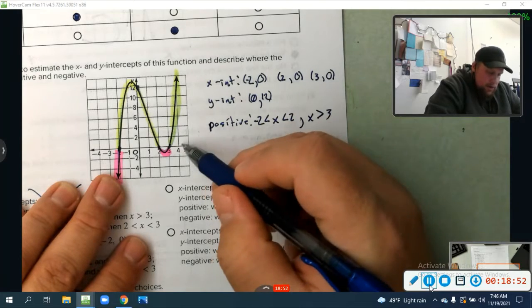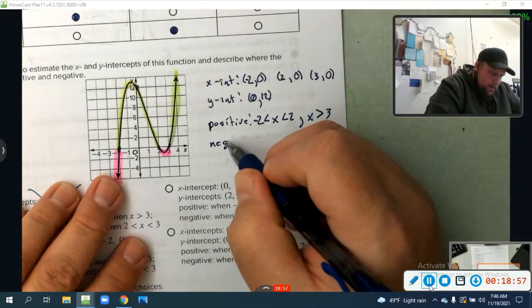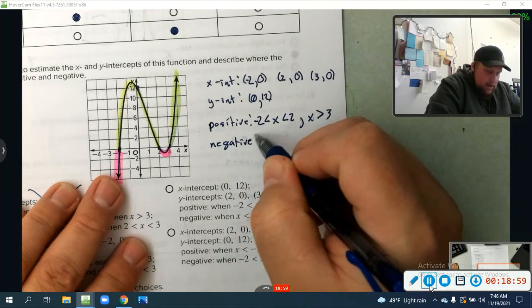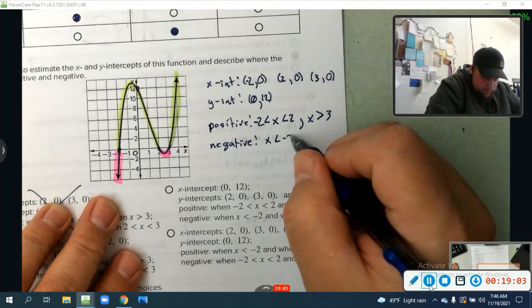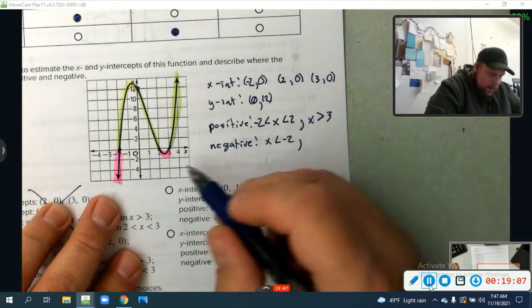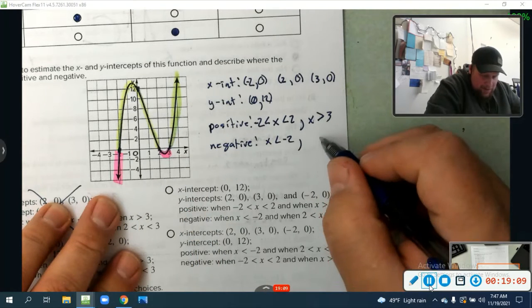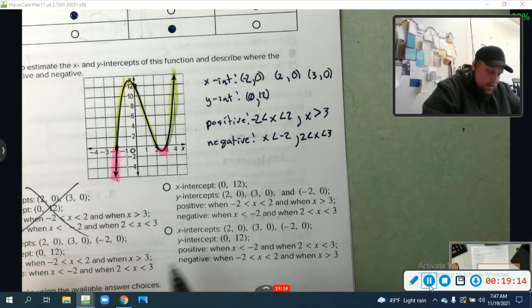So any of our x values, 3 and bigger, it's always going up. When is it negative? Well, it's negative when x is less than negative 2, right? We see it going more negative, and in between 2 and 3, so when x is less than 3 but greater than 2, just a little interval, but it's still there.